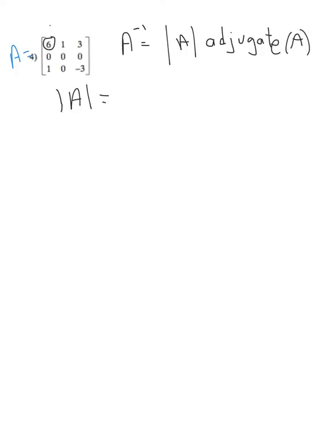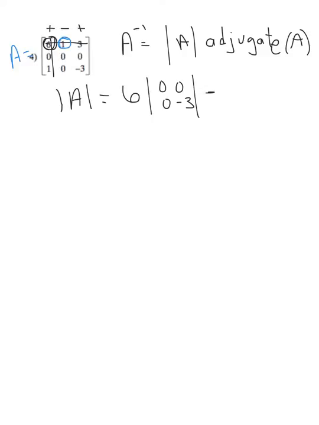First of all, we've got to remember we're going to do a positive and then a negative and then a positive, kind of a checkerboard pattern. So we're going to take this 6 and get rid of its row and column and find the determinant of what's left: 0, 0, 0, negative 3. Then we're going to subtract, so minus. I'll change color right here.